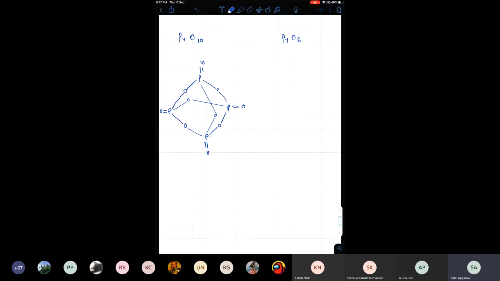In JEE Main this time there was a question on this. How many POP bonds are there? If you know the structure, then only you can tell about POP bonds. How many POP bonds can you see? 6. 6 POP bonds and 4 P double bond O bonds.